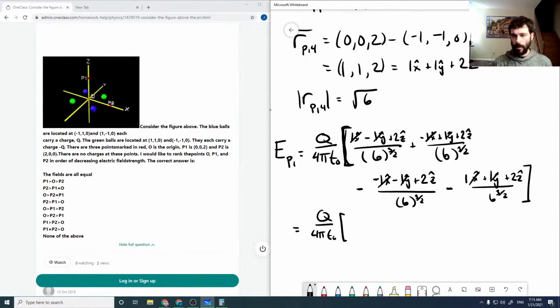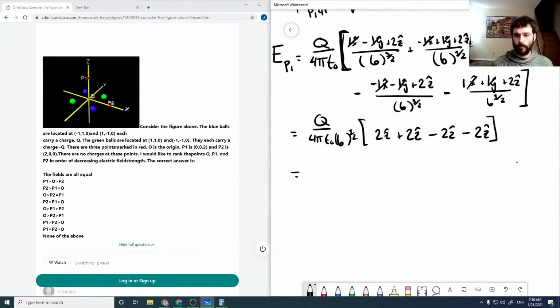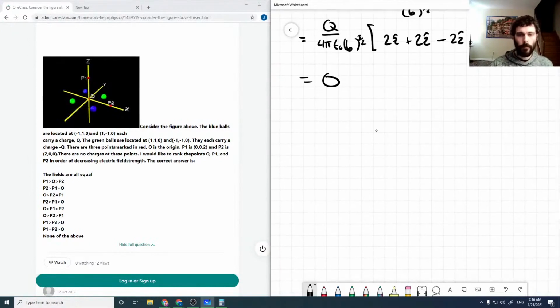And we can pull out the 6 to the 3 halves, in fact, as well. And we've got 2 z hat plus 2 z hat minus 2 z hat minus 2 z hat. And so I believe this comes out to be 0 again. Okay. So point 1 is 0 as well.